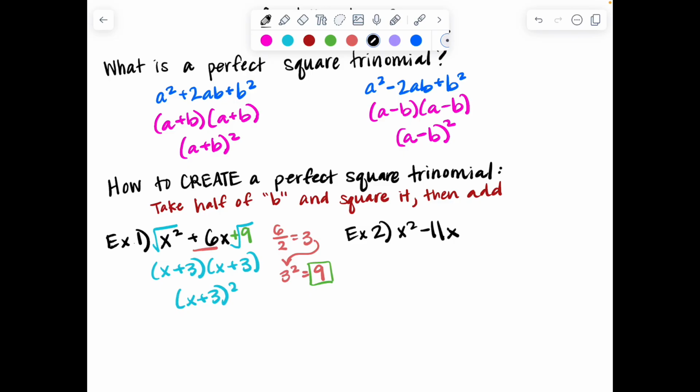Okay, here's one where b is negative, so I'm still going to take half of b, and that's not going to be an even number, so I'll just leave it as a fraction, and then I need to square it. So this is going to be 121 over 4. You can use your calculator or just square the numerator and the denominator. So this is what I'm going to add to my binomial.